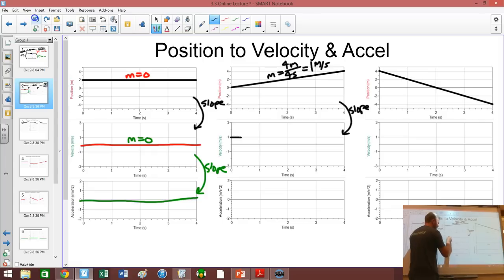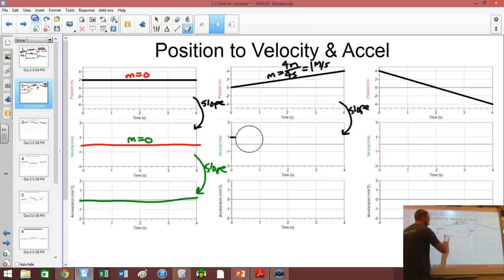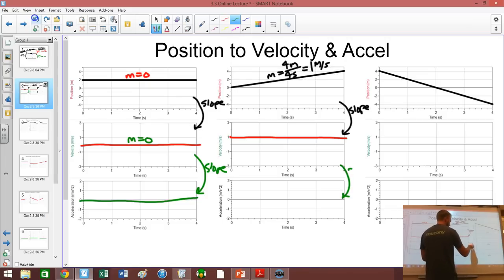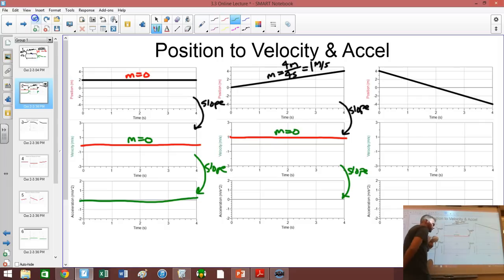So I come over here at this line, and I'm going to draw, I'm trying to keep myself color coordinated here, 1. And then I go from this one to this one. Again, it's the slope. Here this slope is 0, so I've got an acceleration of 0.